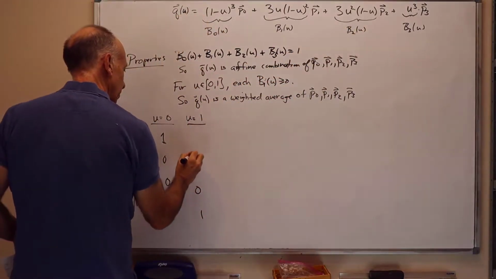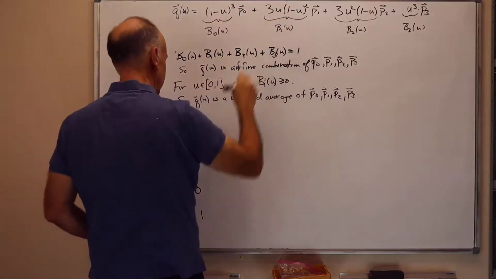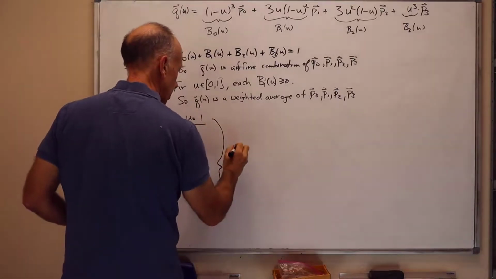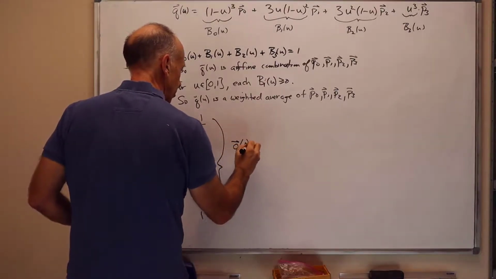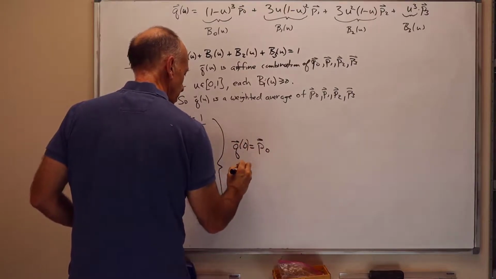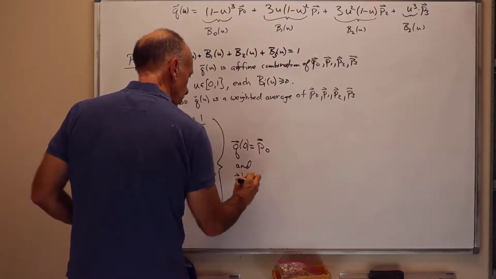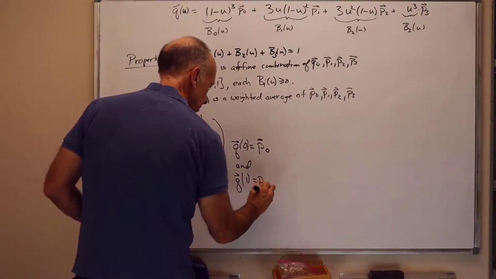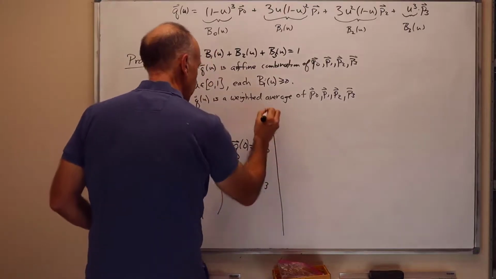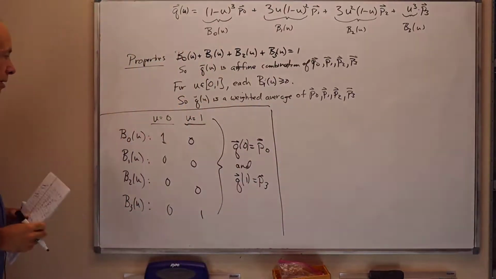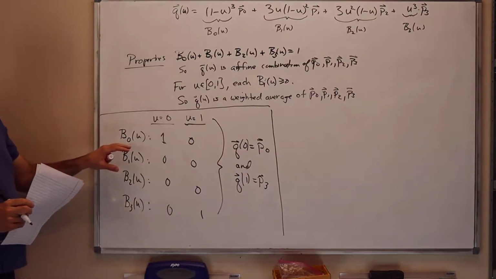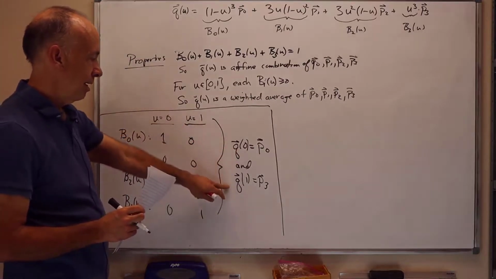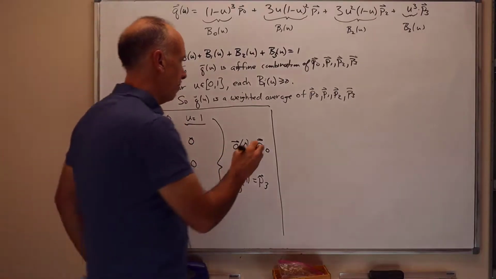And the other ones are all 0, again, because they have a factor of 1 minus u in them. So this tells us, by this table here, Q of 0 equals P0, and Q of 1 equals P3. So that gives us the starting and ending point of the curve Q. It starts at P0 at u equals 0, and it ends at P3 at u equals 1.